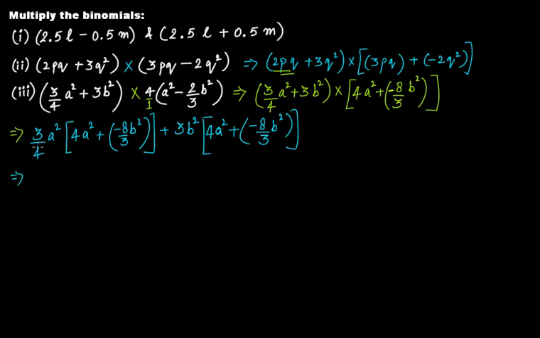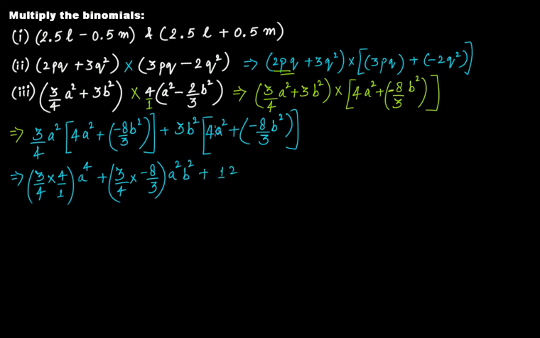Now let's multiply this. 3 by 4 multiplied by 4, it means what? 4 divided by 1 actually, right? Then you have a squared multiplied by a squared, that is a raised to the power of 4, this plus sign here. 3 by 4 multiplied by minus 8 by 3, a squared here, you have b squared here, so a squared b squared plus 3 multiplied by 4 is 12.